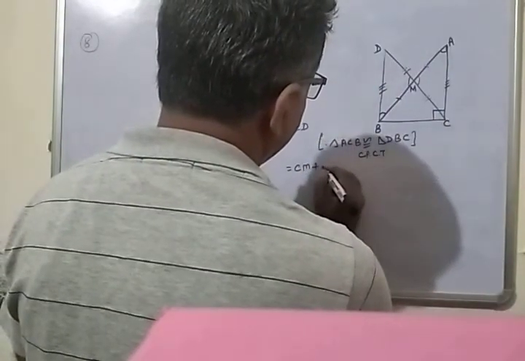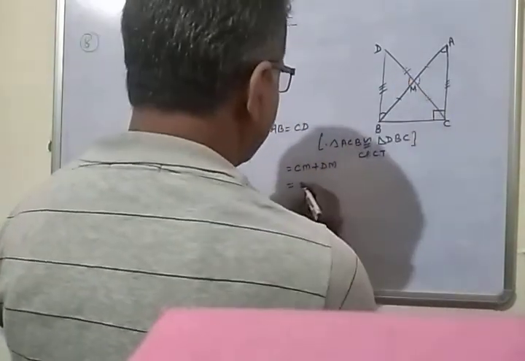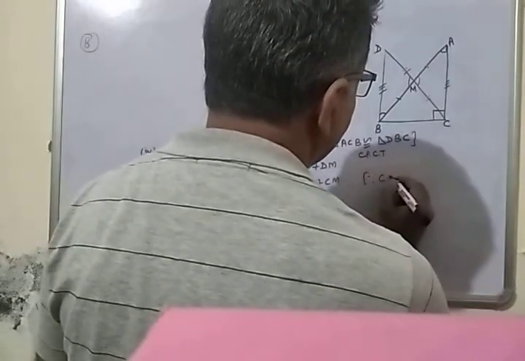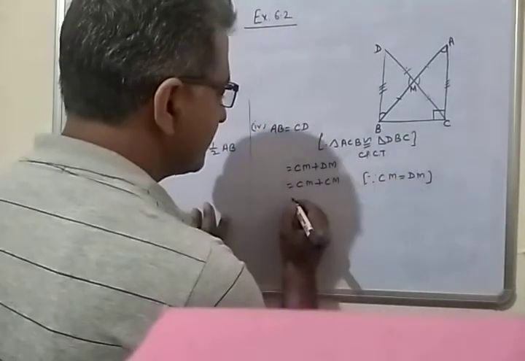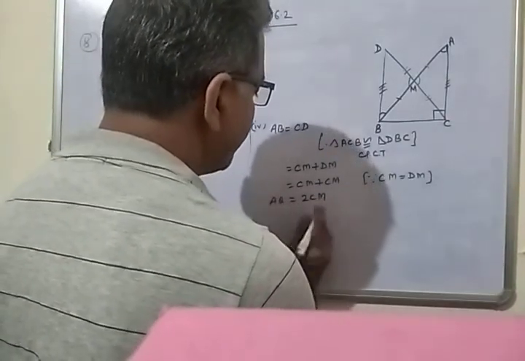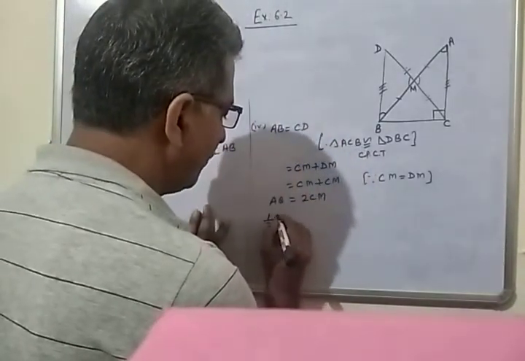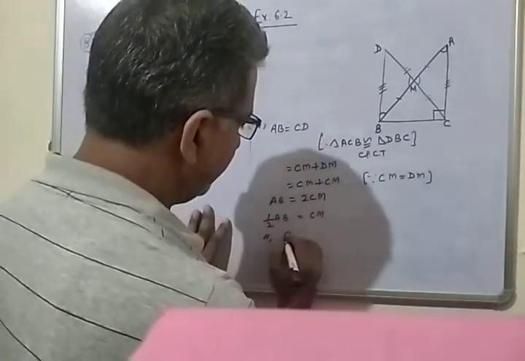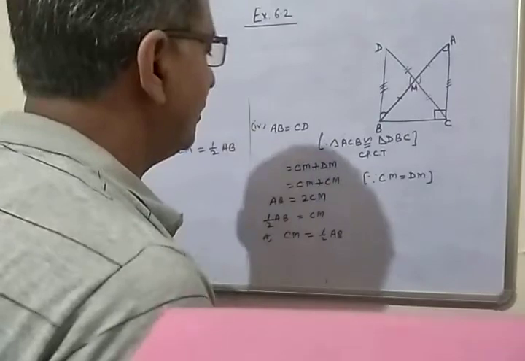CM plus DM, these are given equal, so you can write CM plus CM. Since CM equals DM, that is given, so here is 2CM, left hand side is AB. Now take 2 to the left hand side, this will be 1 upon 2 AB equals CM, or CM is equal to half of AB. So this is question number 8.